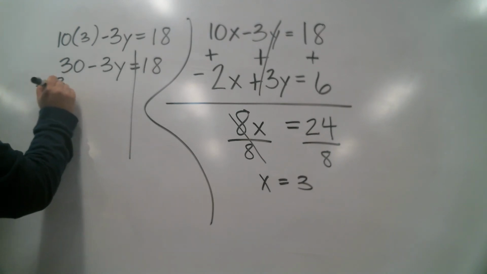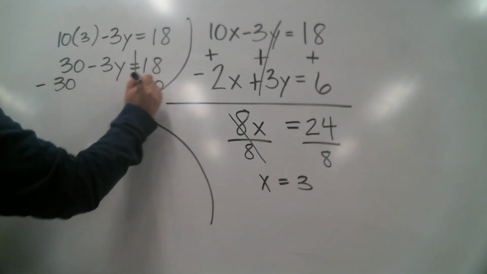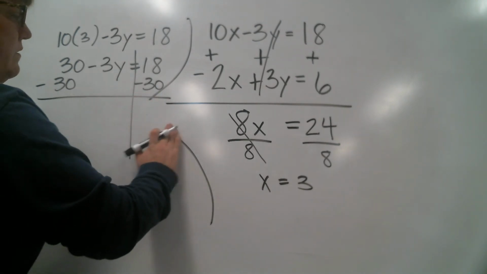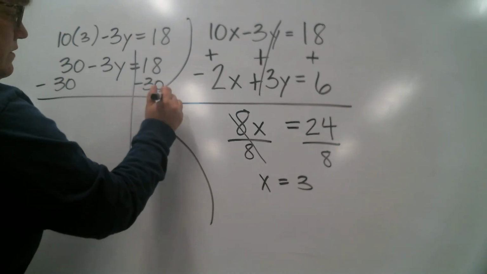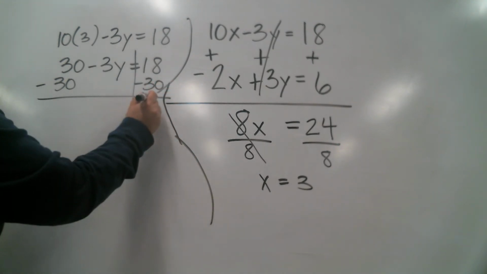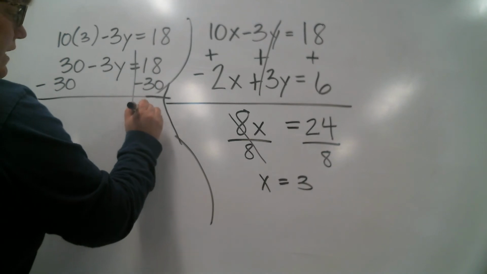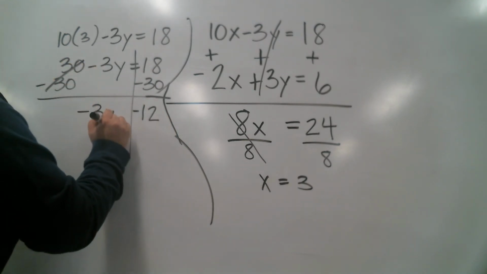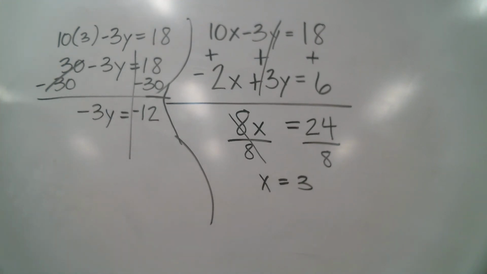I'm going to have to subtract this 30. Okay, and 18 minus 30, let me erase that. 18 minus 30 would be what? Negative 12. So I've got negative 3y equals negative 12.